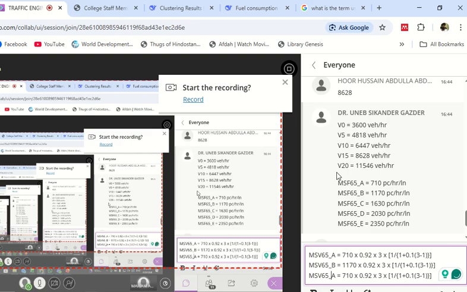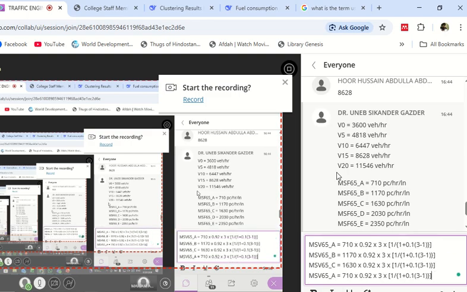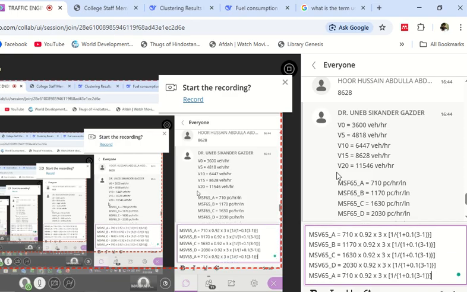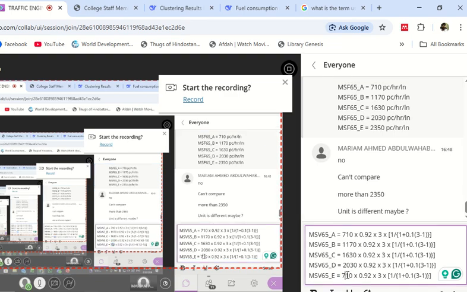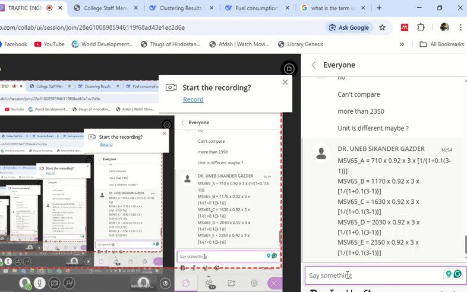Then for C, I change this value. Then for D, I change this value. For E, I change this value. Where is E? 2350. This will give me the comparable values. These are the values I can compare with.